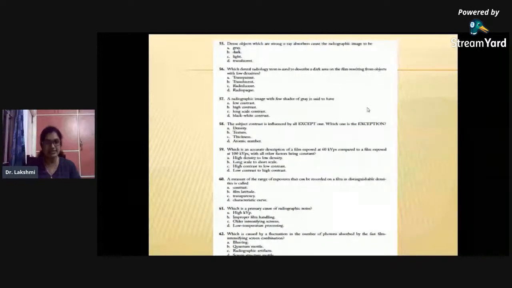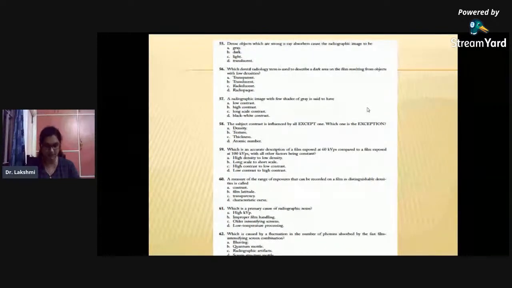Okay, answer will be C, that is high contrast to low contrast. So the kVp increases, the contrast is lower. So any film which is exposed at 60 kVp will have a higher contrast compared to the one at 100 kVp.